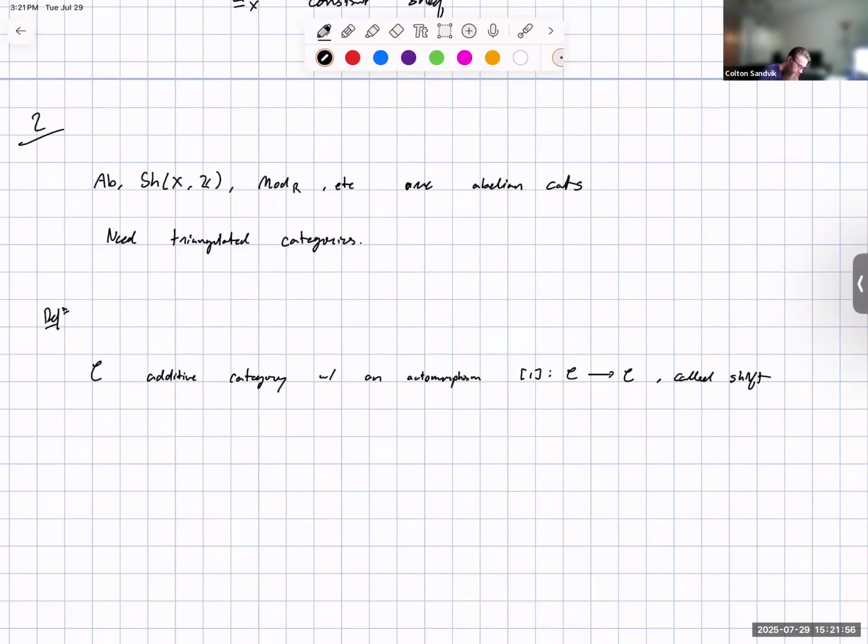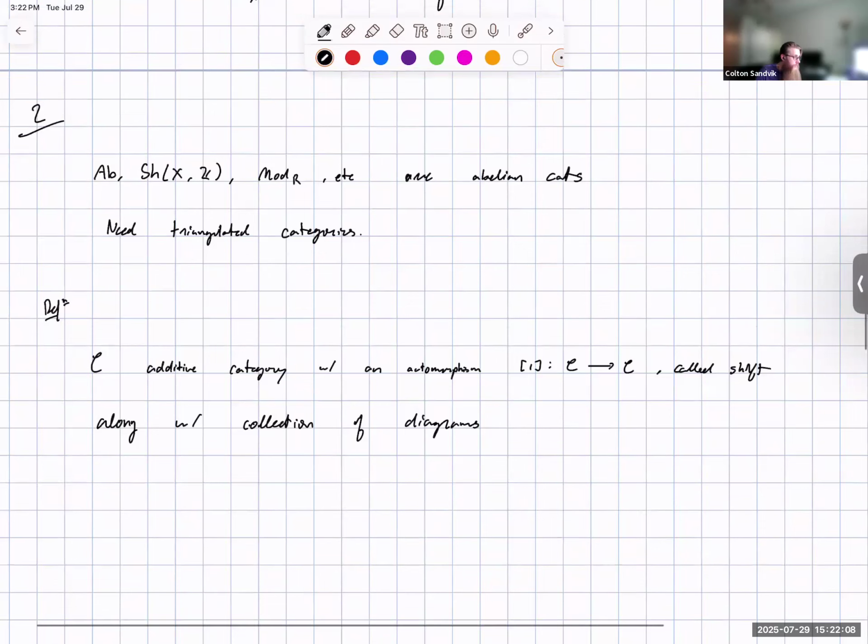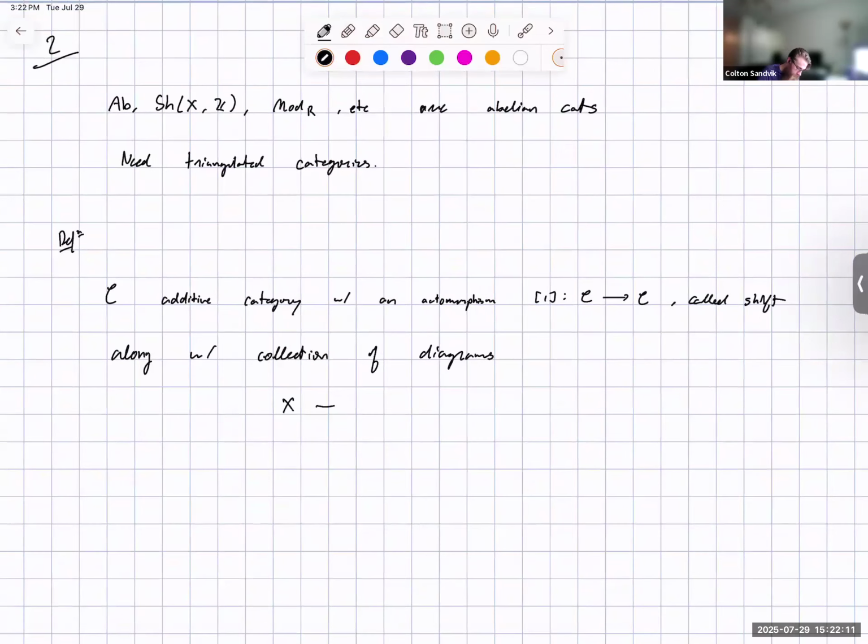And so along with C, we want a collection of diagrams, and I'm going to write them X, Y, Z, X shift by 1, and these are called distinguished triangles.